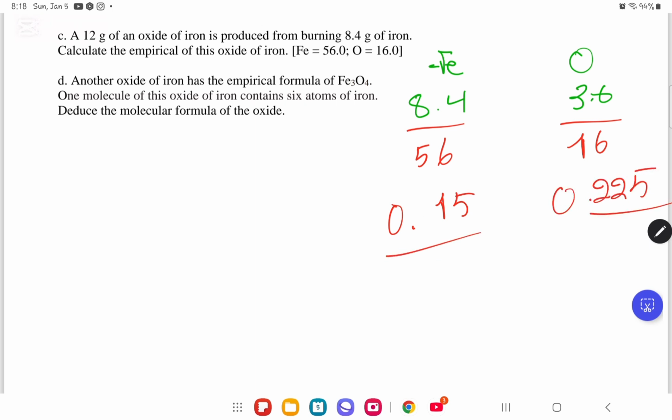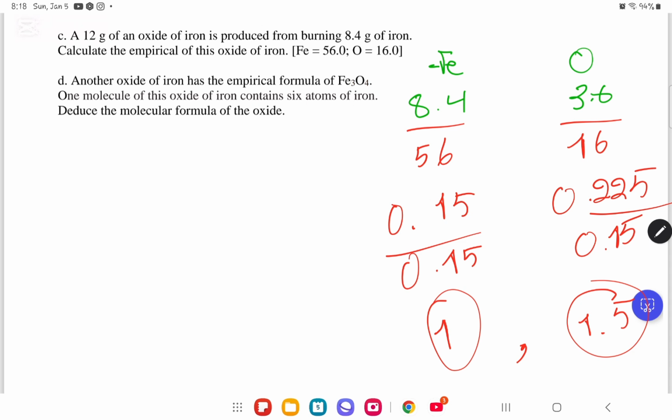Now we divide them both by the smallest number, which in this case is 0.15. And we are going to be left with 1 and 1.5. But we cannot leave it like this because they are telling us a molecule is 1.5, which doesn't make sense.